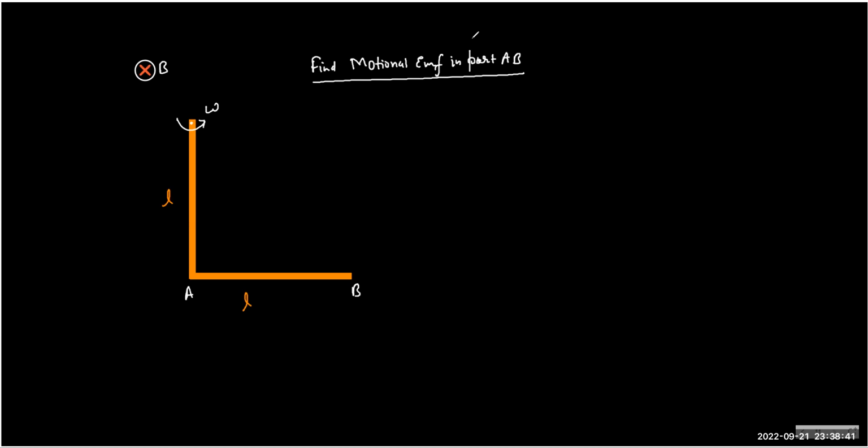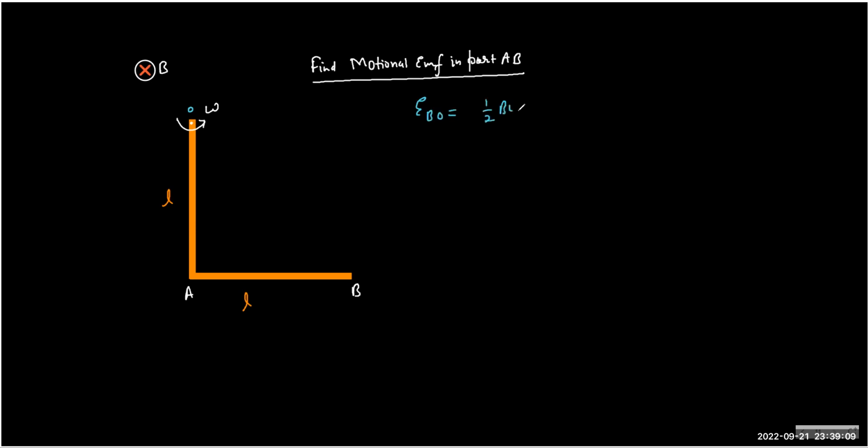See, for any difference, that simple trick is, instead of AB, you can find for the OB. Yes, very easy, sir. So the EMF of B with respect to O will be how much?